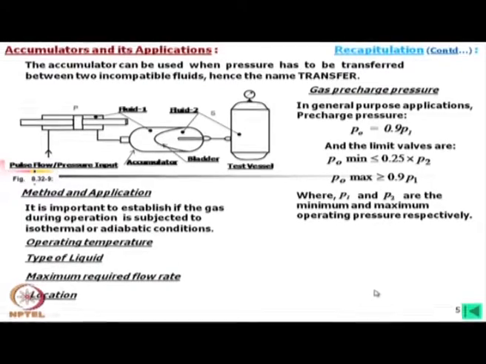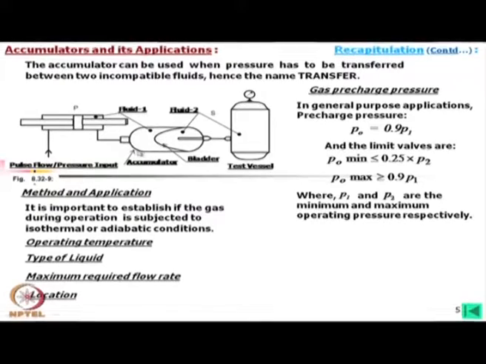Now, if we look into the applications, this is also used for transfer. Transfer means, for example, this is a test vessel being tested with water. Inside the bladder we can put the water, and we can also fill this with water.